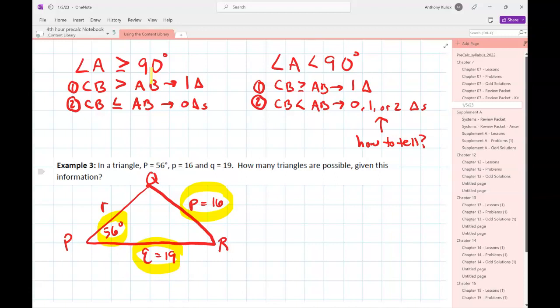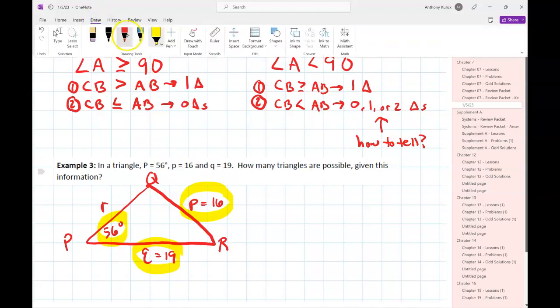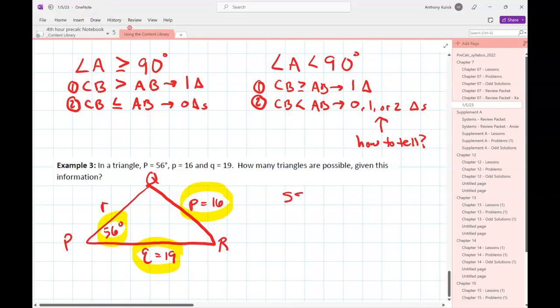The angle that we're given is not in between the two sides. If 56 was where it was angle R, where it's in between, that's angle side angle. Everybody's cool with that? Okay. So this is SSA.